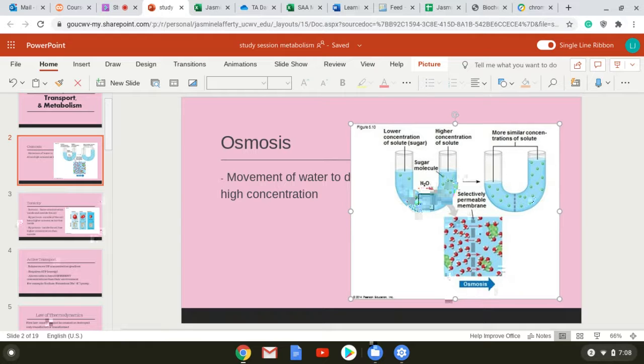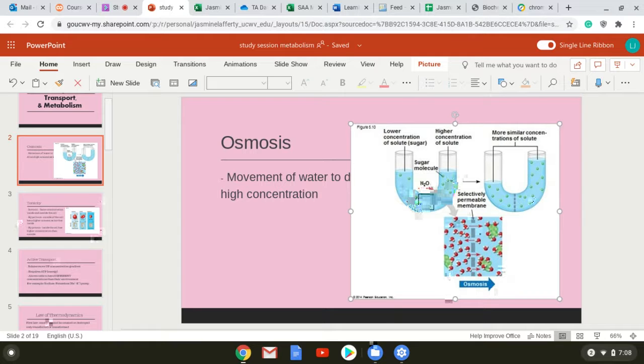I know you sound like a 4-year-old saying it, but it works, I promise. An isotonic cell is normal, is happy, is not exploding or shriveling, it is just living its happy little life. So isotonic, iso happy.